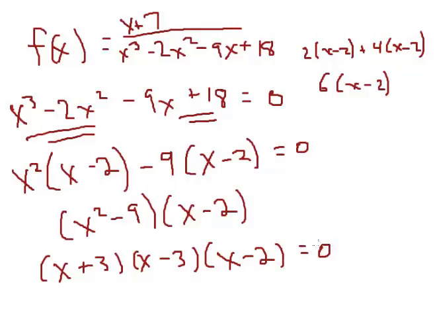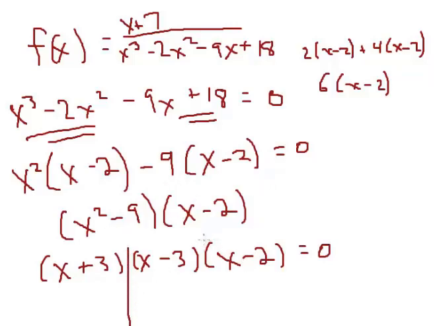Now we've got three terms multiplied by each other equal to 0, which means how many answers are we going to get? We're going to get three answers. Why? Because each term is enough to make the entire thing 0. If this one is 0, then it's 0 times something, which is 0. If this one is 0, then it's something times 0 times something, which is 0. And if this one is 0, then it's something times 0, which is 0.